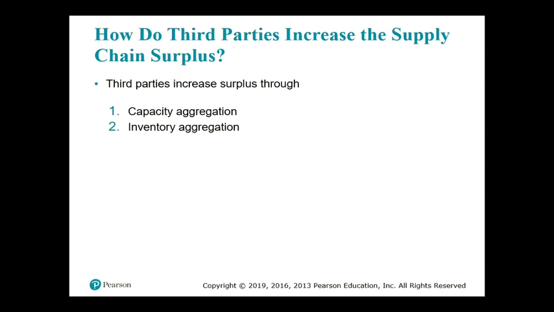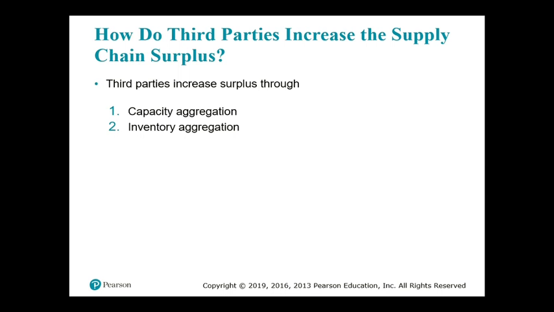Another way for a third-party supplier to be better at aggregation is through aggregating inventory. Again, this third-party supplier is likely to be able to aggregate inventory from a large number of customers. For example, W.W. Grainger is a maintenance tool supplier, and they primarily aggregate inventory from multiple customers.